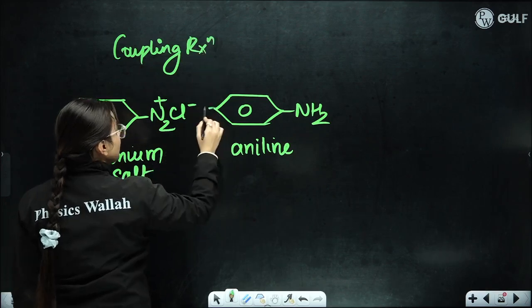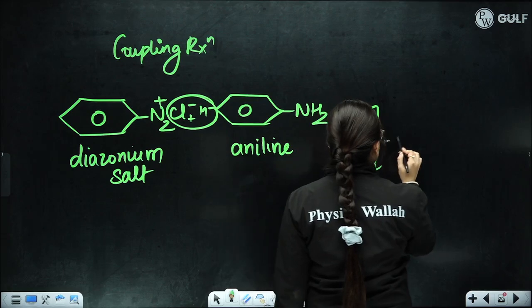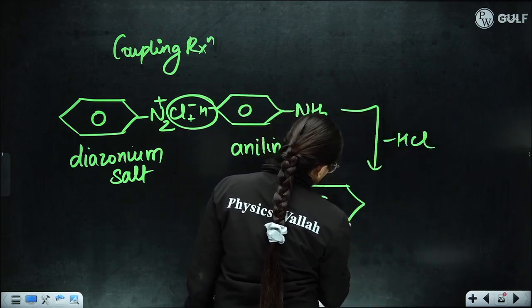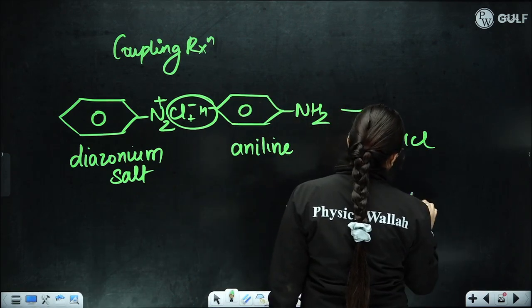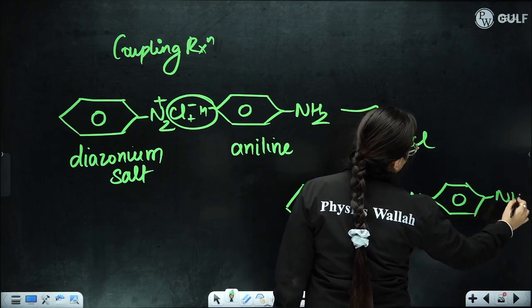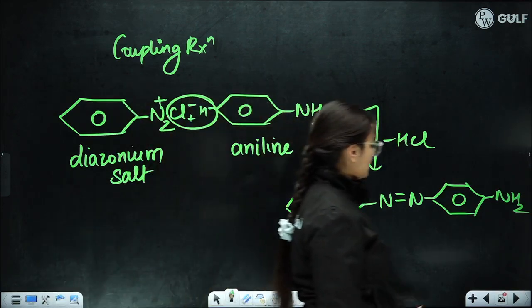It's very simple. It contains hydrogen, so this HCl will be liberated out and a dye will also be created. It's N double bond N, and then you have here NH2. You have to tell which color dye it is.